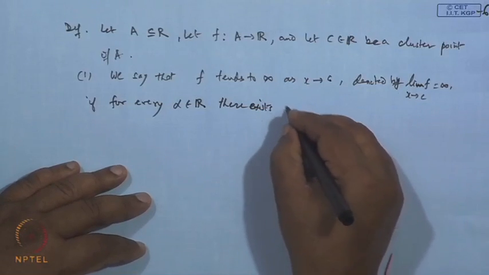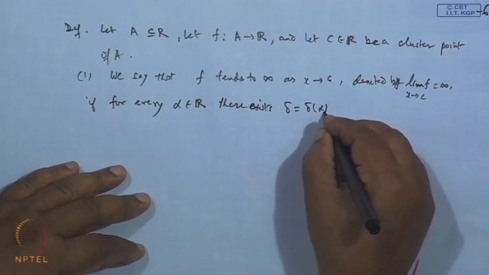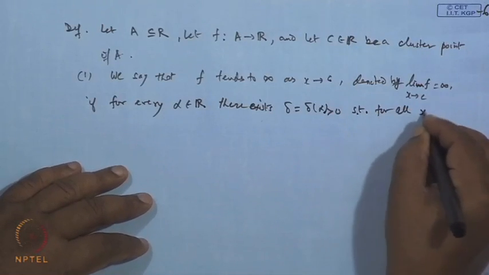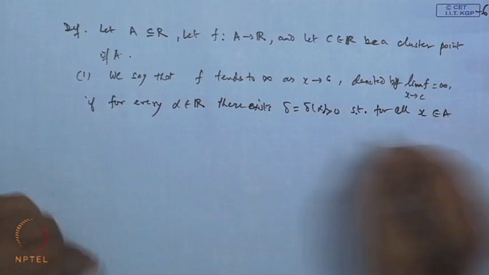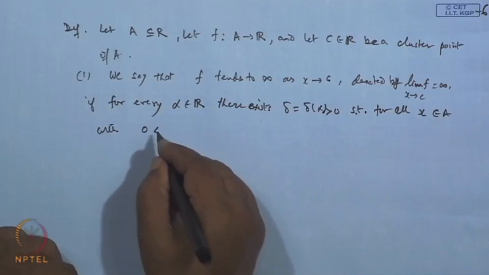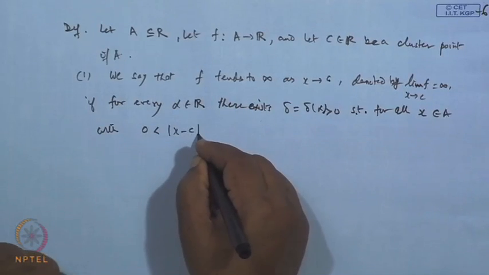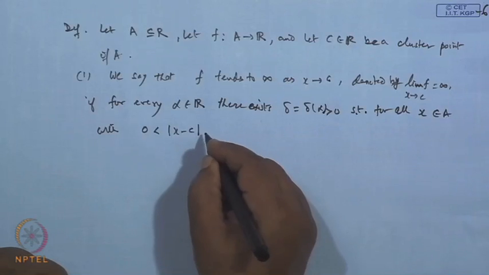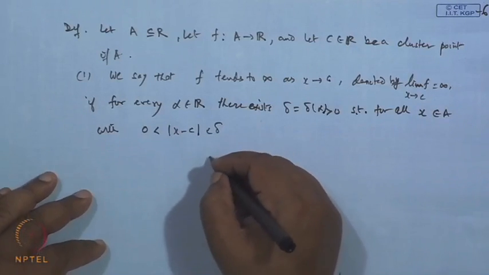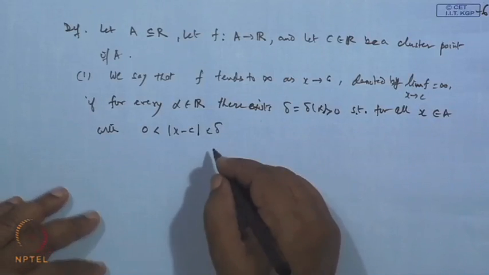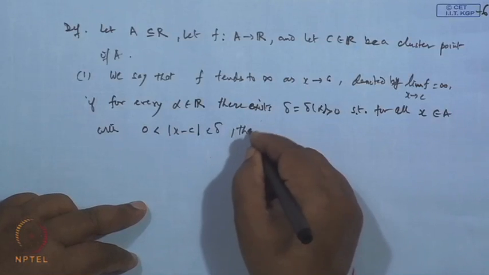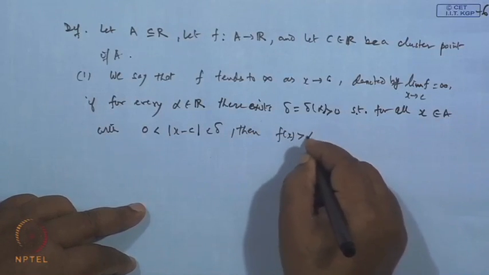a delta, which depends on alpha, positive, such that for all x belonging to A with 0 less than mod x minus c less than delta, in this neighborhood, either from the left-hand side of c or the right-hand side of c, the functional value f of x is greater than alpha.